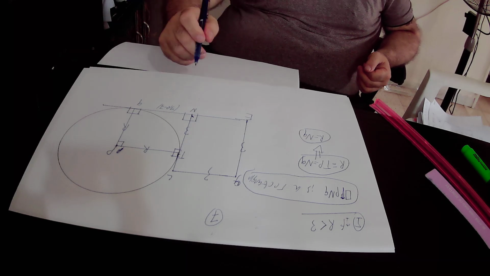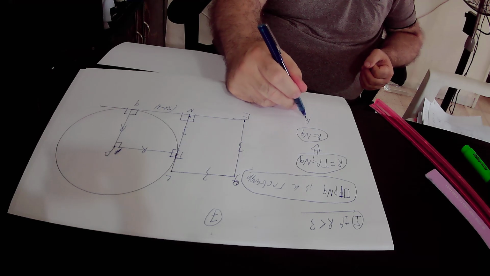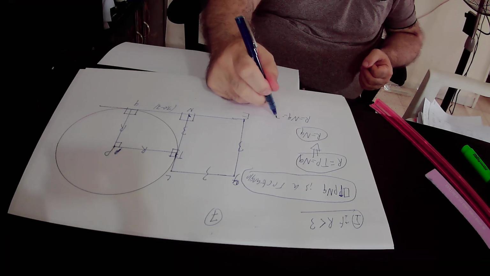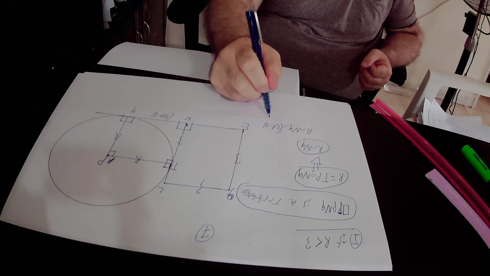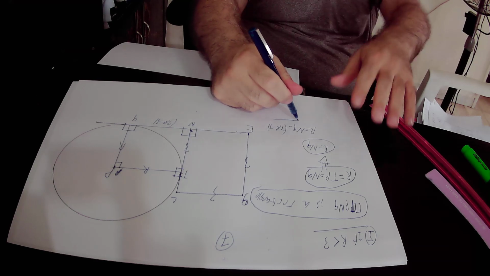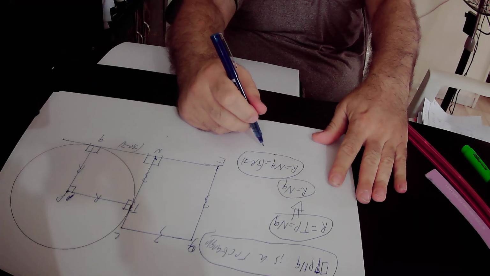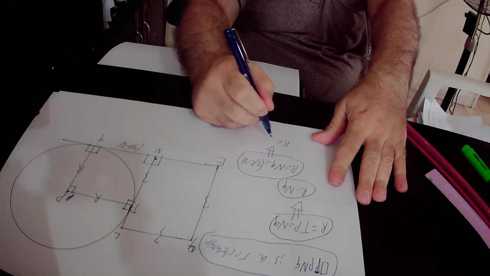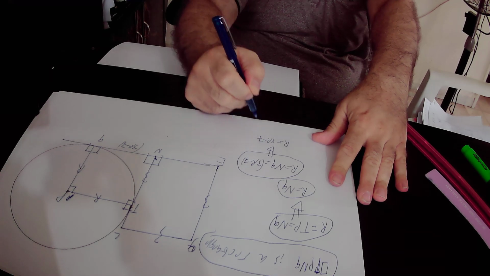But we have already found out that NQ equals 3R minus 7. So you can write here that NQ equals 3R minus 7. And from this equation, R equals NQ equals 3R minus 7, we will derive that R equals 3R minus 7.